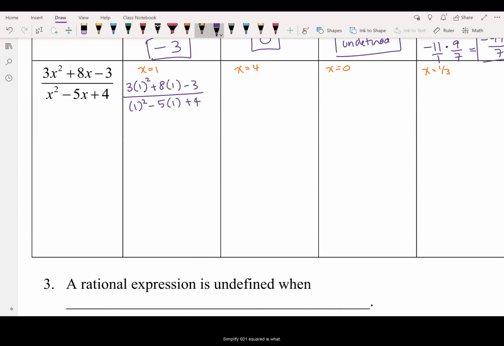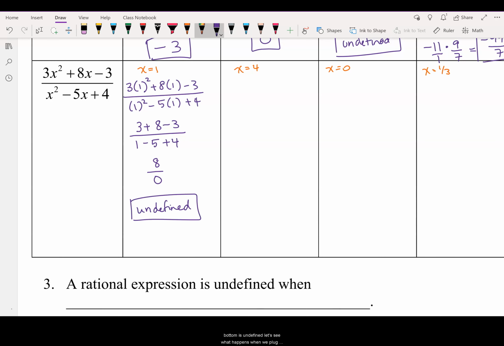And let's simplify. So 1 squared is 1, 3 times 1 is 3, 8 times 1 is 8, and on the bottom 1 squared is 1 minus 5 plus 4. Simplifying the top, 3 plus 8 minus 3 will give us 8. 1 minus 5 plus 4 gives us 0. 8 divided by 0, which we talked about, 0 on the bottom is undefined.